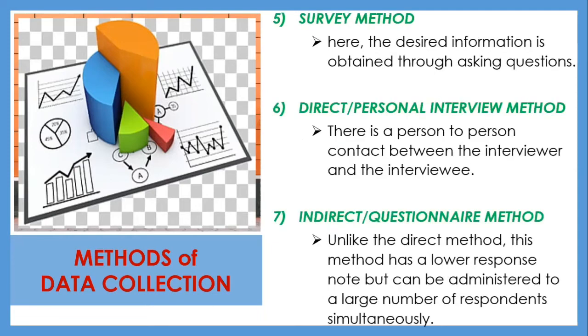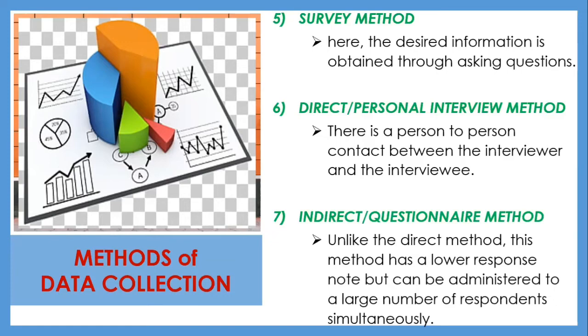In the survey method, the desired information is obtained through asking questions, and therefore the survey method can either be direct or personal interview method and indirect or questionnaire method. In the direct or personal interview method, there is a person-to-person contact between the interviewer and the interviewee.